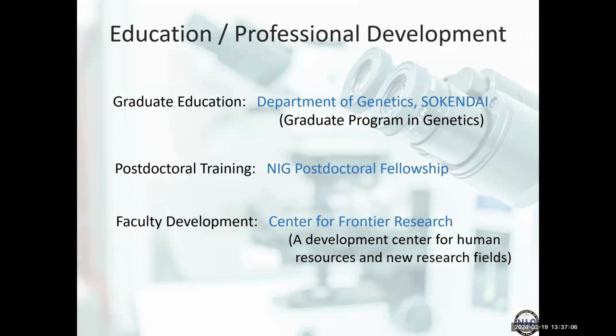For example, NIG serves as a department of genetics at Sokendai University, but we also provide various courses for postdoctoral training and for using our shared facilities. So if you want to study bioinformatics or genomics, please check the website of the National Institute of Genetics. We provide international collaboration funding, and also we provide opportunities for students to study here.